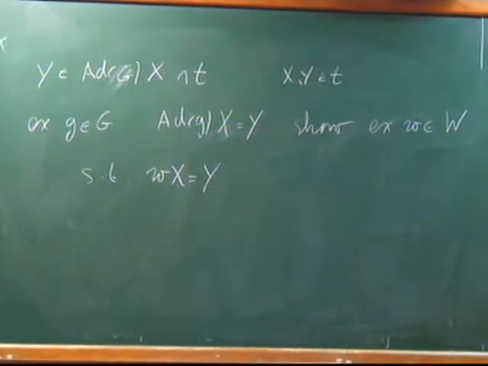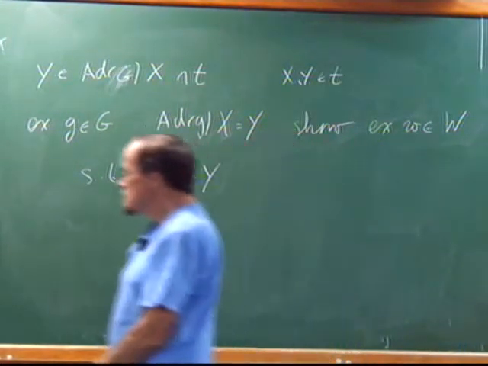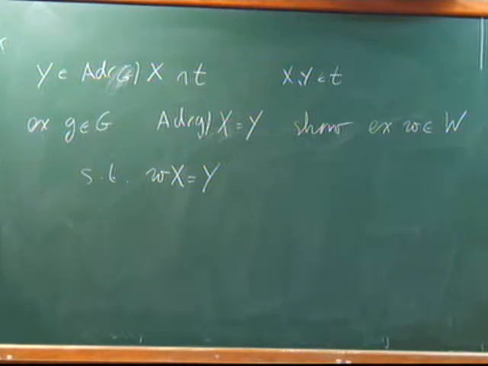So that means they have the same orbit. So I have to produce something in the normalizer, something that normalizes the maximal torus.